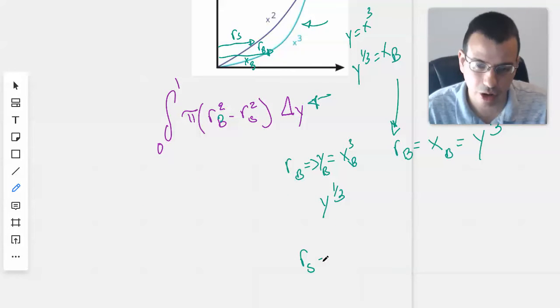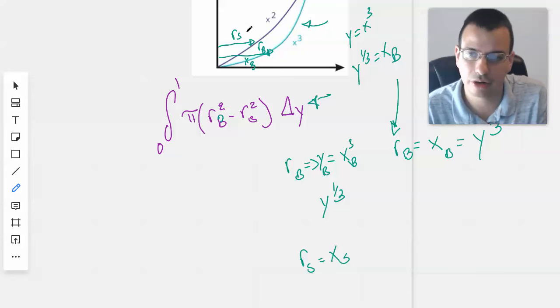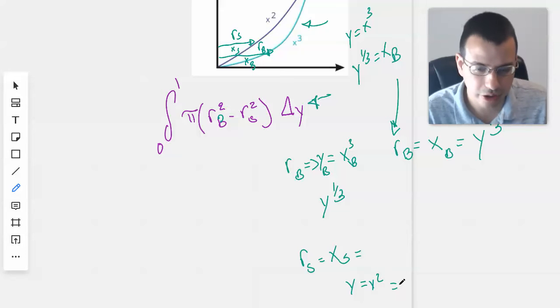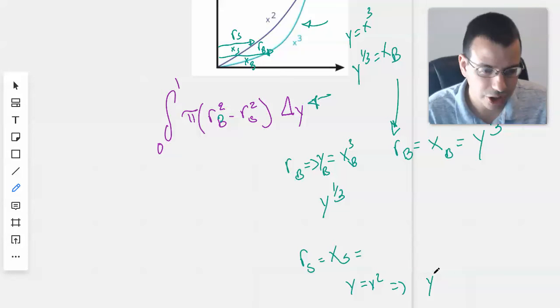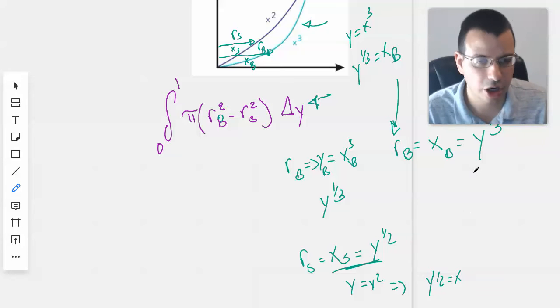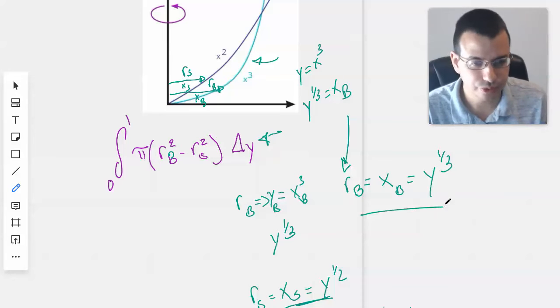So radius small equals x small right here, which, let's see, we have y equals x squared, therefore y to the 1/2 will equal x, which will be y to the 1/2. So these are our equations that we're going to use.